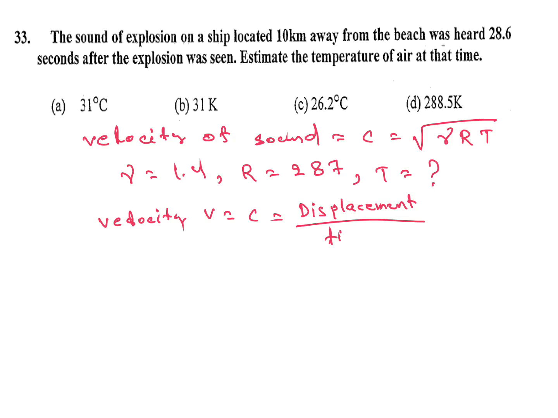Displacement is given, it's 10 km. So 10 into 10 to the power 3 meter divided by time. Time is 28.6 seconds. Then the C value we have to calculate from this formula.